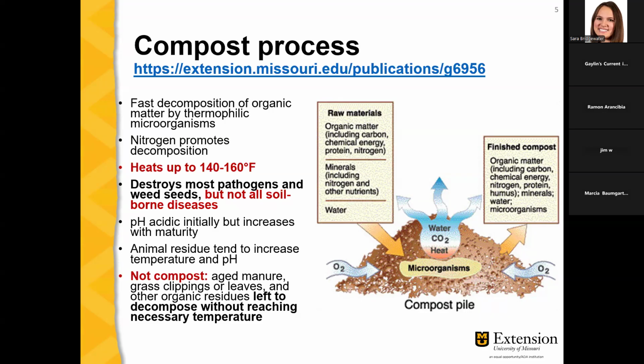So one of the things is the decomposition of organic matter by thermophilic microorganisms, and it needs to heat up to 140, 160 degrees. This is to destroy most pathogens and weed seeds. Although those temperatures will not kill every soil-borne disease, that's why we're going to talk later on about avoiding certain plant material.